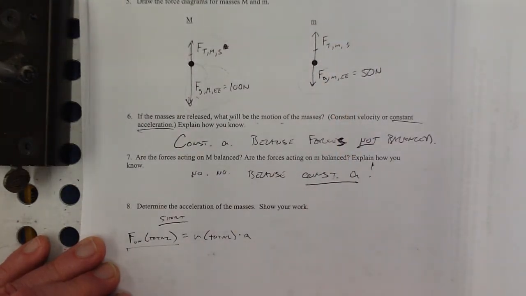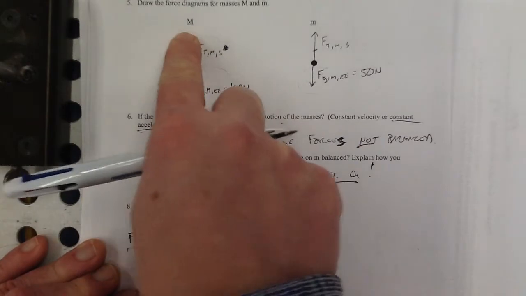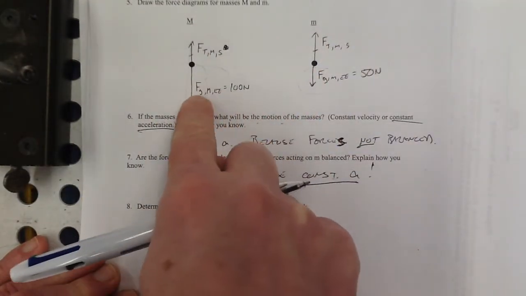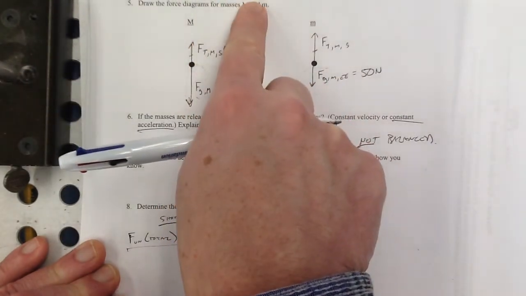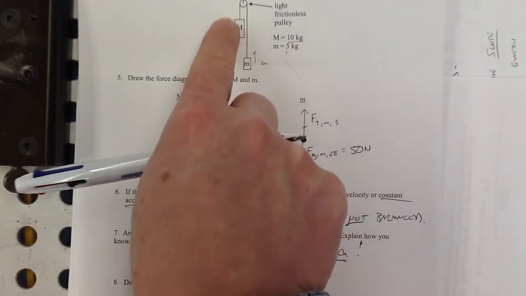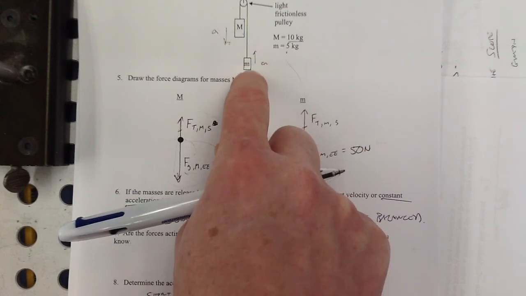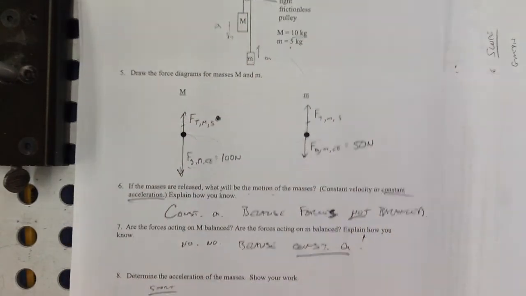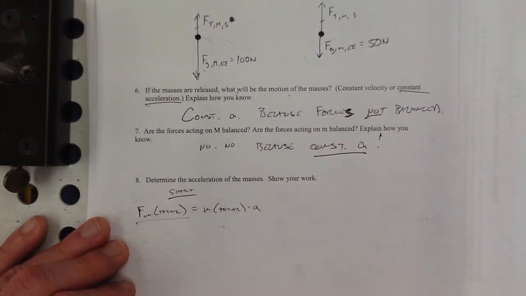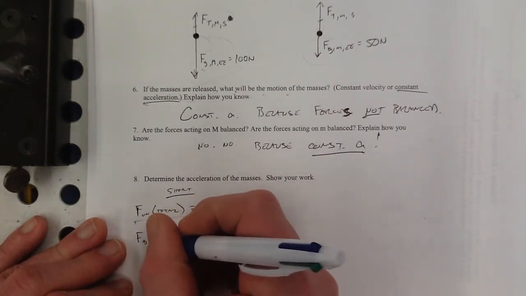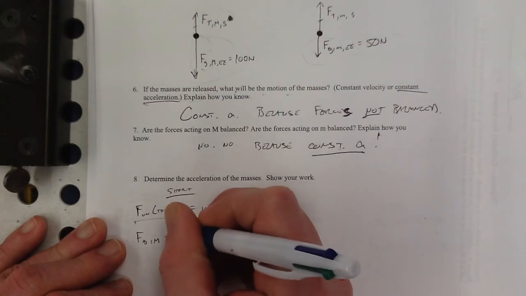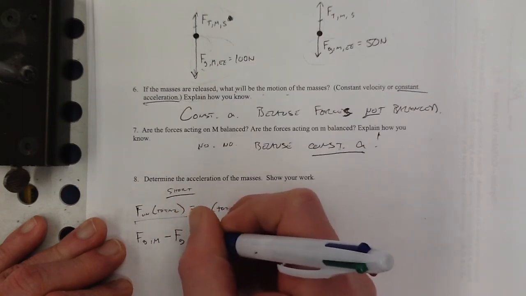This one's going up, so this is the losing direction. So at the end of it, what's happening here? The tension forces cancel out. This is winning, this is losing, right? Looking back at the diagram, this is winning, force of gravity on this. It's tugging on this, but it's losing to this larger mass. So the winners minus losers for the whole system is the force of gravity on the big M minus the force of gravity on the little m.